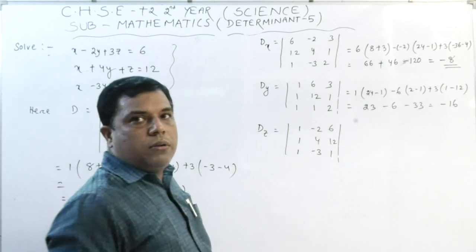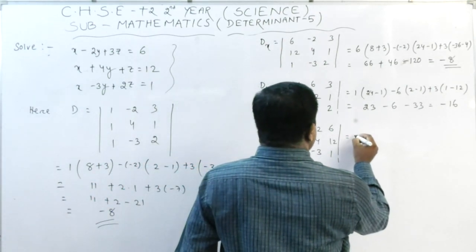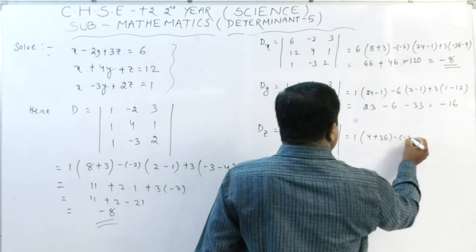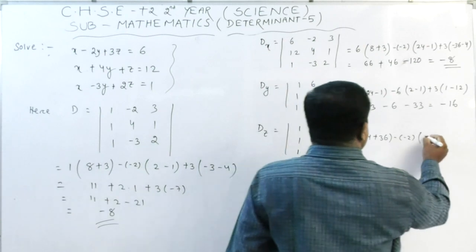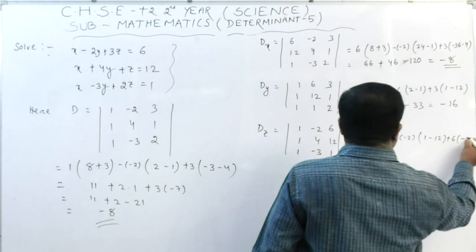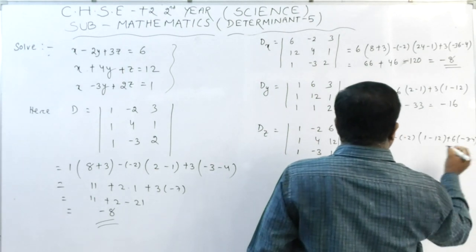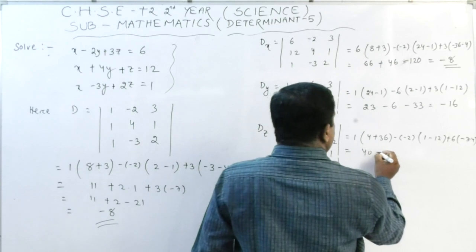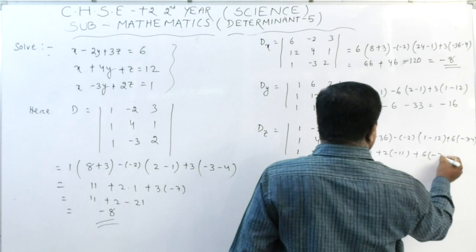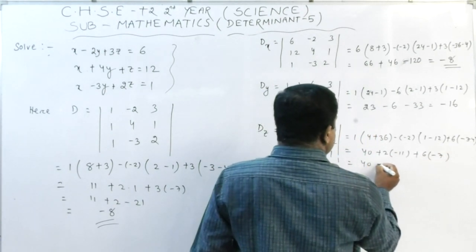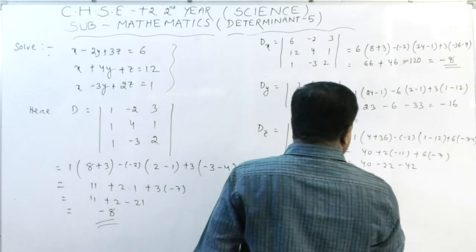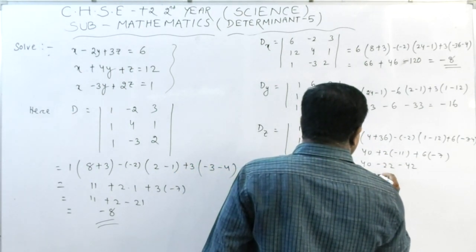Now we have to find out the value, and what is it? It is 1 times 4 plus 36, and minus 2 times 1 minus 12, and plus 6 times minus 3 minus 4. So it is 40 plus 2 times minus 11, and 6 times minus 7. So it is 40 minus 22 minus 42. So you can see it is minus 24.